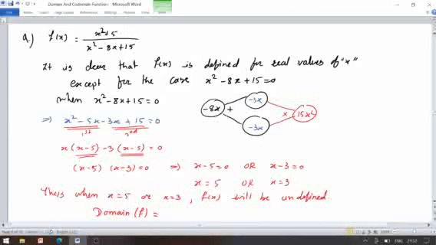Keep in mind, f of x is defined for all real values of x except those that make the denominator 0. So the domain of f becomes the set of all real numbers excluding 5 and 3. This is the domain of the given function.